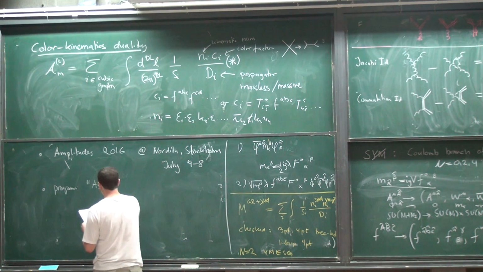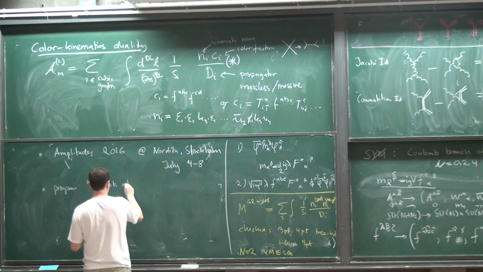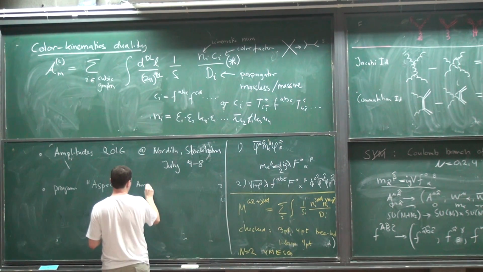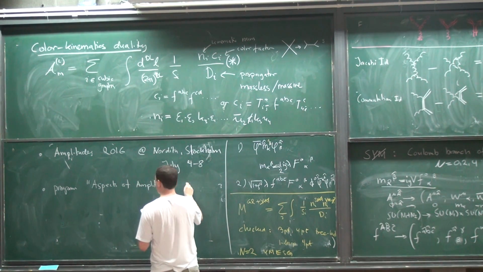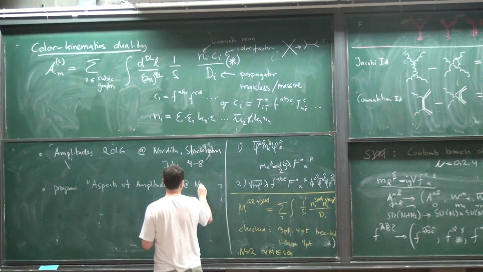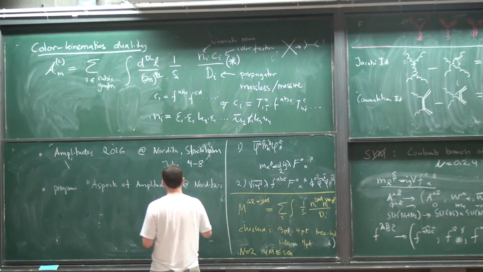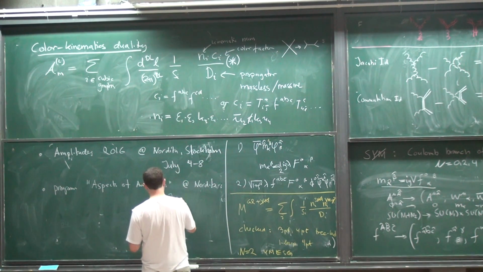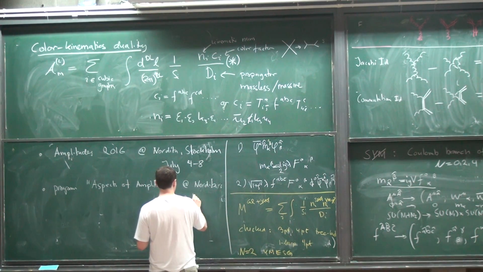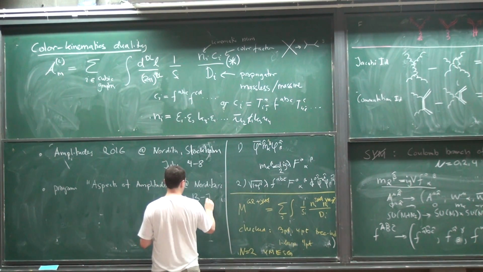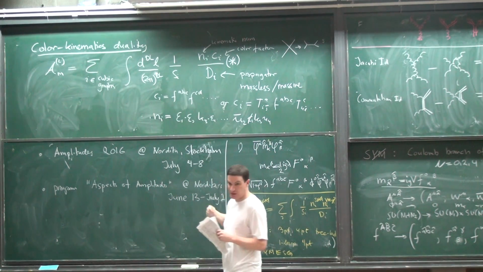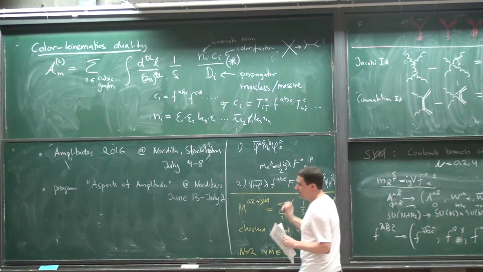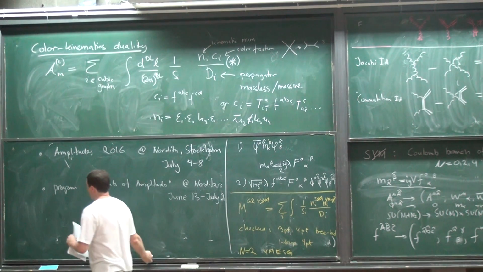So this is Aspects of Amplitudes, and this is also at Nordita. The dates that were assigned to us, we did not pick them, are June 13 to July 2, which is convenient for us because it's right before Amplitudes, but there are certain conflicts which I'm aware of with other programs.